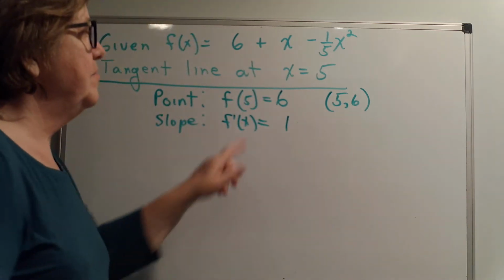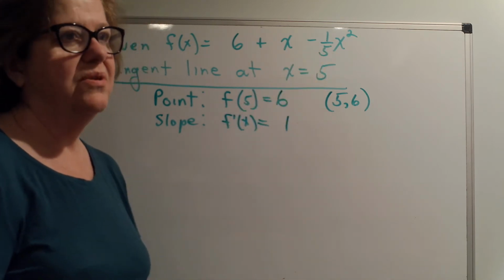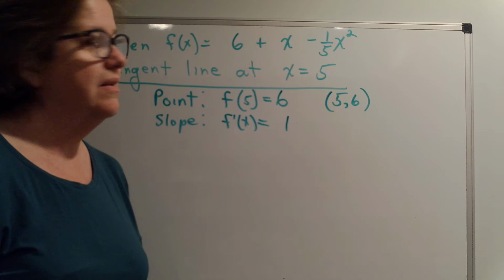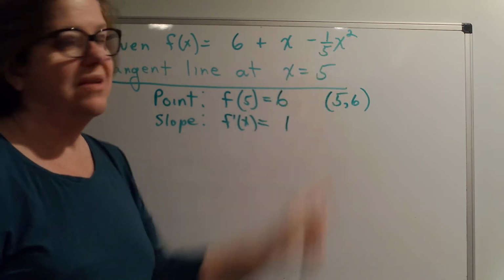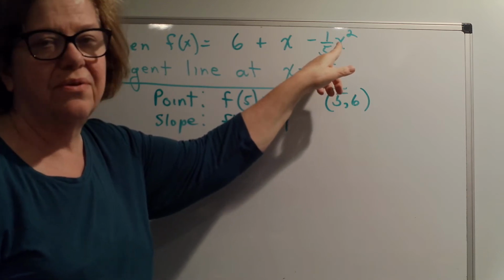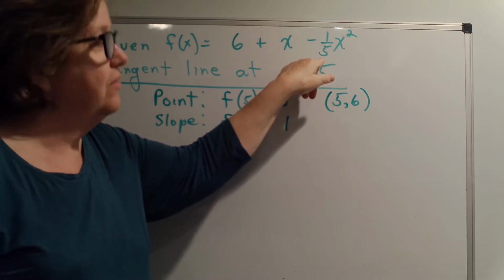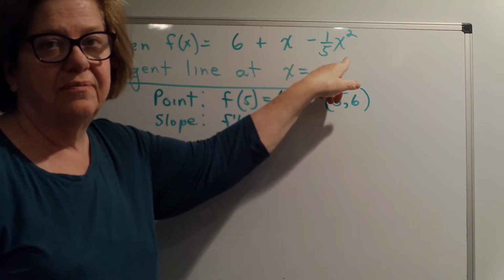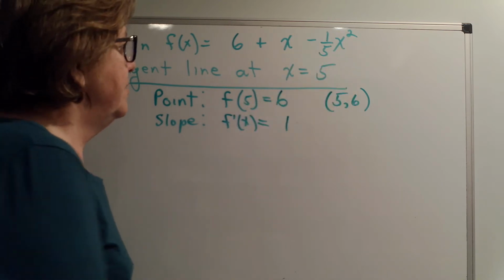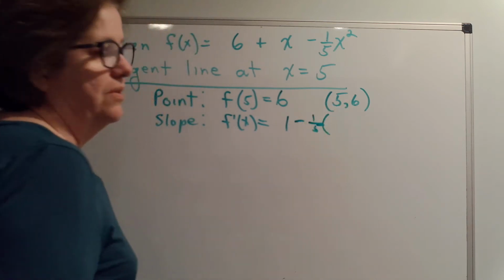Now, let me say something about this. I see many of you using the product rule over and over again on expressions like this. You don't need to use the product rule. Don't make it hard for yourself. It's a constant, negative 1/5, times a function. So you leave the constant alone and take the derivative of the function.